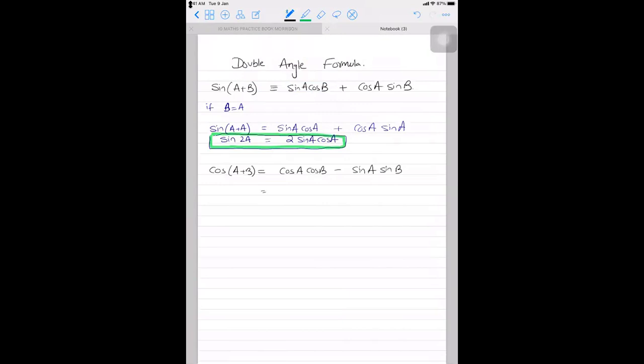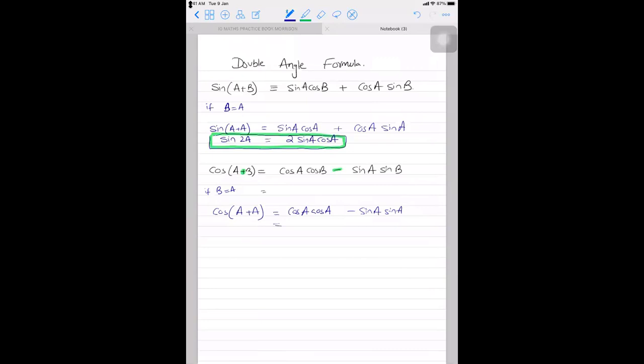Cos a cos b minus sine a sine b. If we had a positive sign over here, on the right hand side we had a negative sign. Now if the angles were same, if b was equal to a, then this is going to become cos of a plus a, and wherever I have b, I'm going to replace it with a: cos a cos a minus sine a sine a.